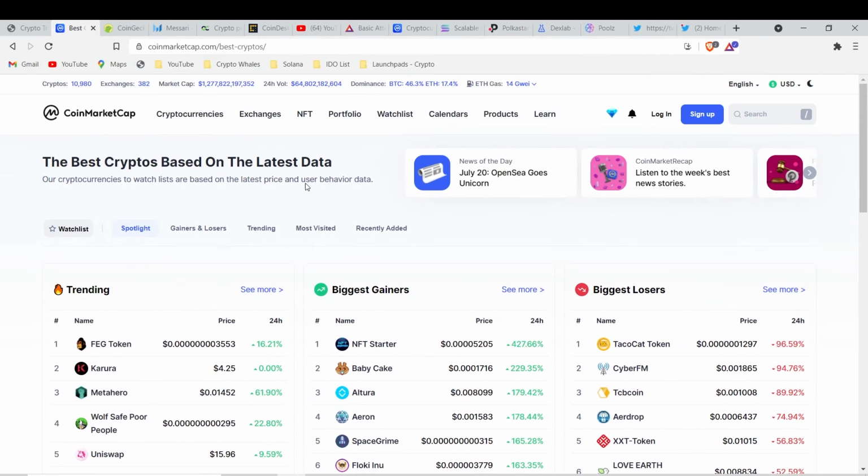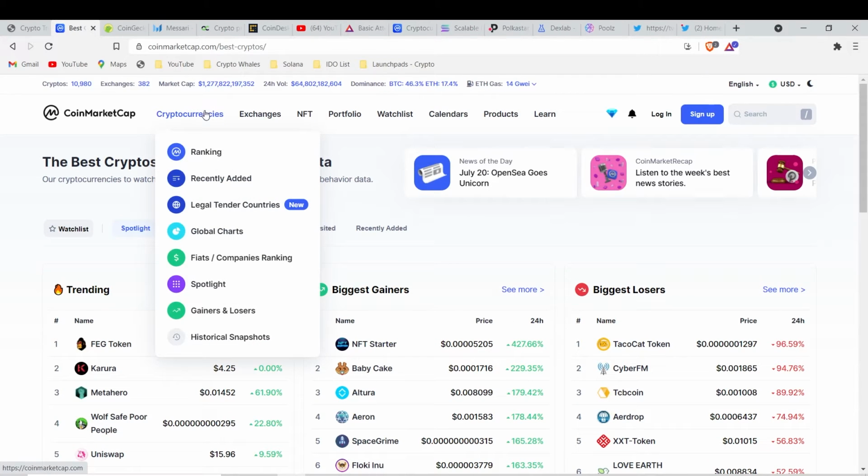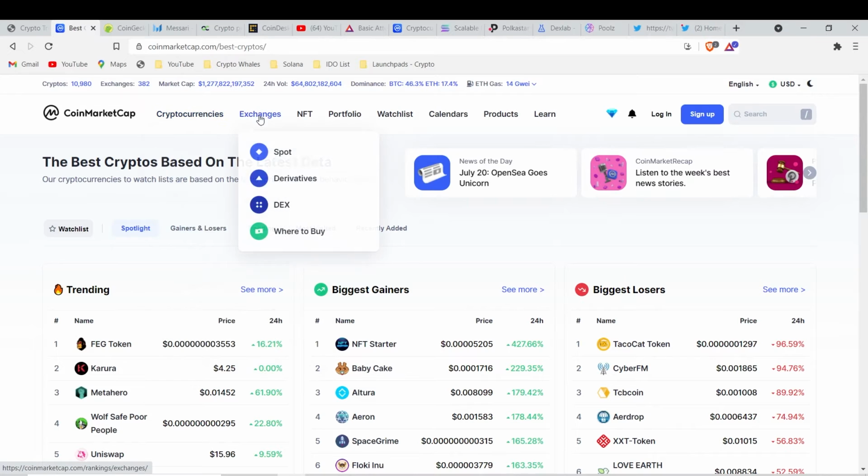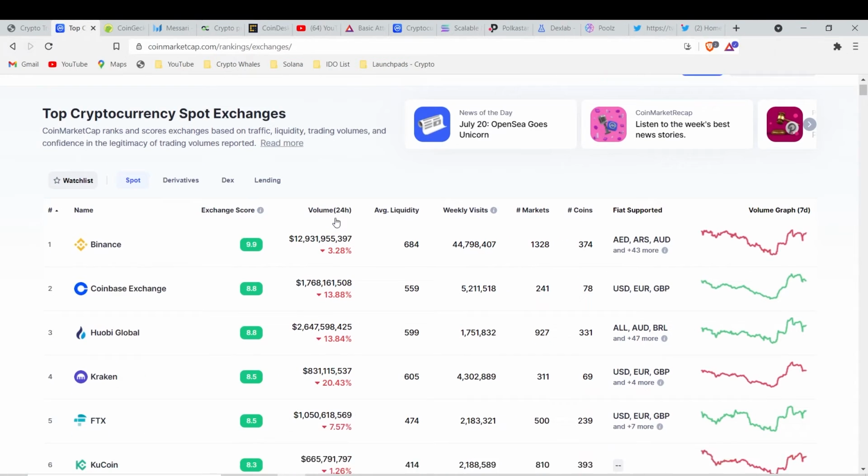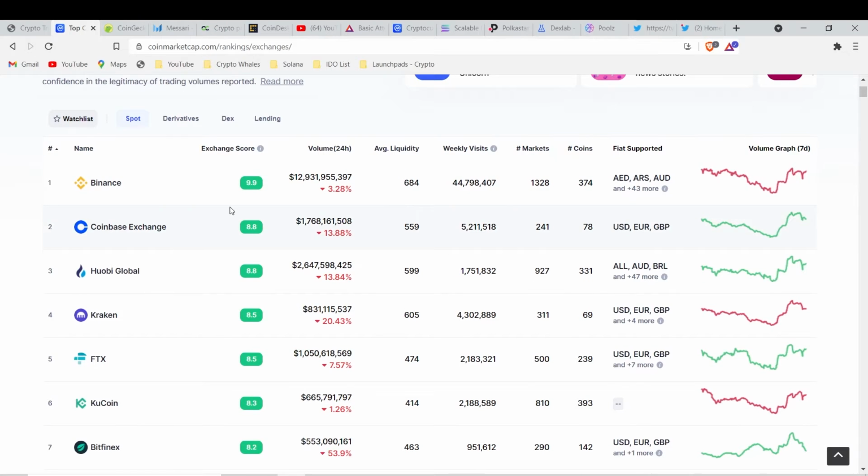Now, next up, apart from what we have looked at so far, let's look at the exchanges part. The exchanges part is a place where you can look at what types of exchanges or places you can go in and buy your Bitcoin or your cryptocurrencies as an investment.